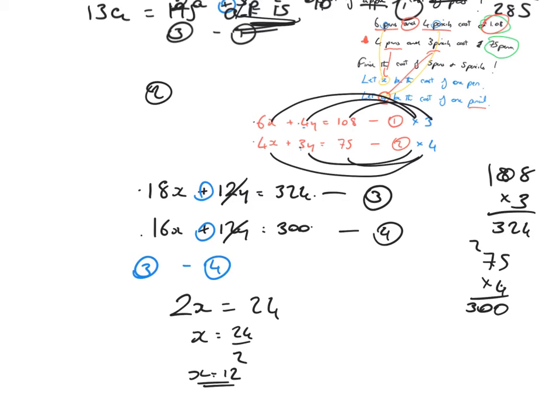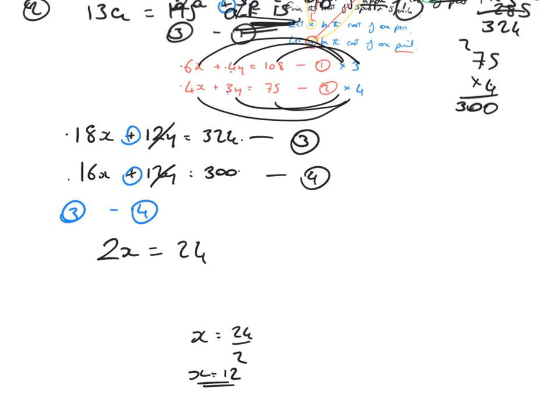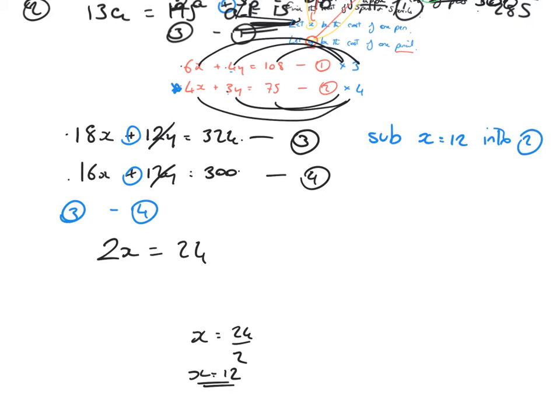Remember, my next move is to now find y. I've got 4 equations that I could sub into to find y. It doesn't matter which one, just pick one and on you go. So I'm going to sub x equals 12 into equation 2. Wherever I see x in equation 2, I replace it with 12.